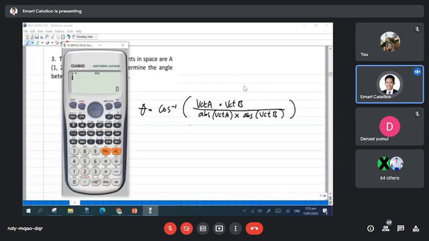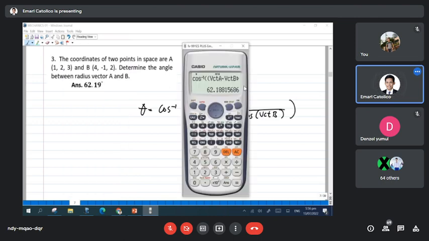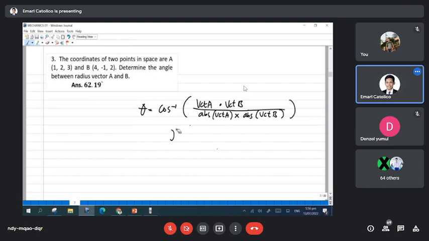So cosine inverse of vector A dot vector B divide absolute of vector A times absolute of vector B. Okay, so 62.19 degree. Okay, so I hope okay na tayo dyan.